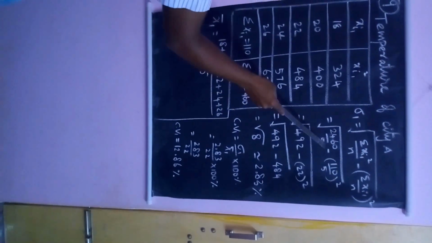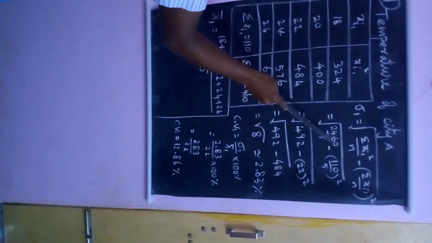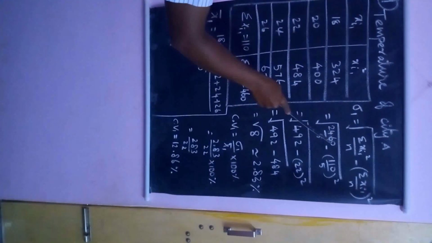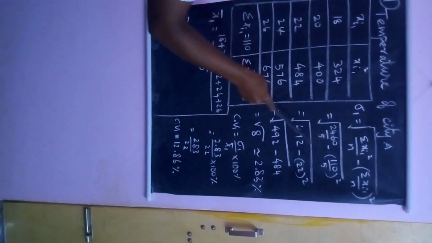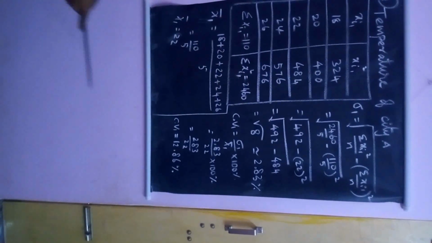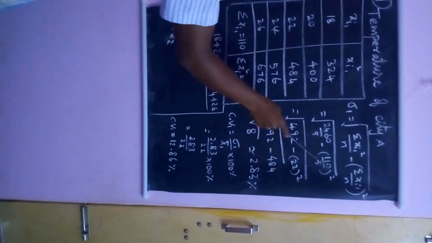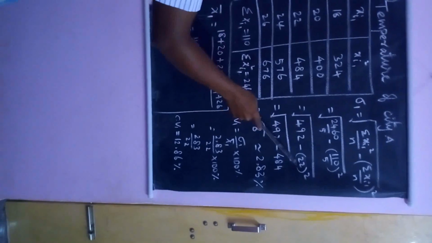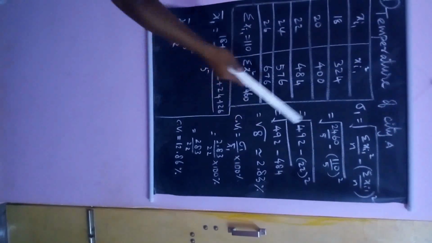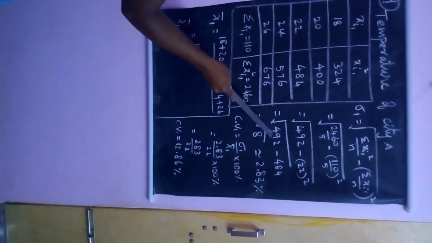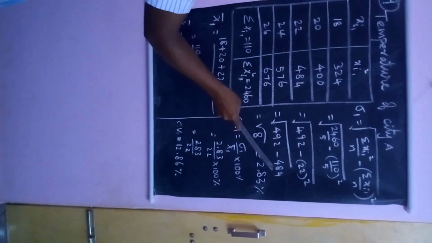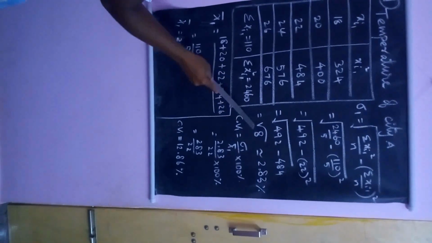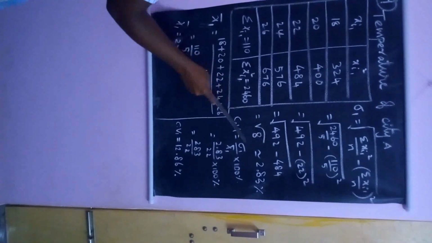So 2460 divided by 5 gives 492, minus 22 the whole square. Square root of 492 minus 22 square, that is 484. Subtracting these two numbers we get 8, so finally we get the square root of 8.